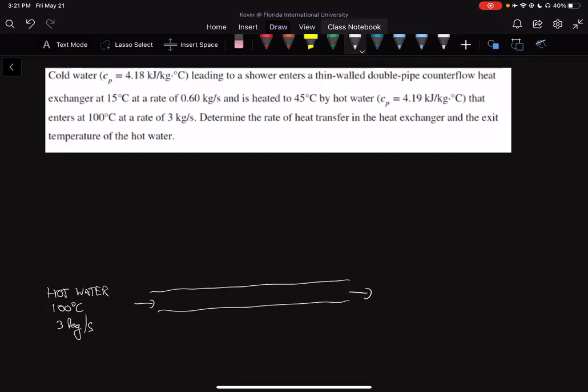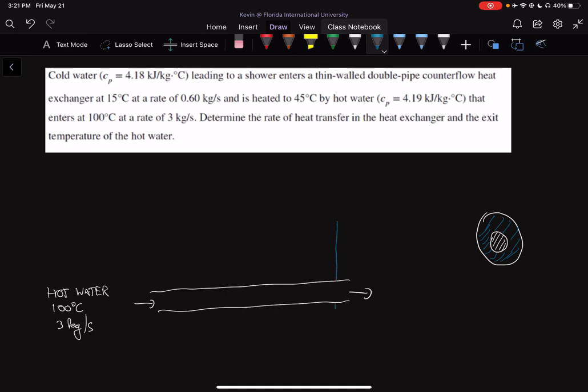Now, on the other side of the double pipe counterflow heat exchanger, we have another pipe that is sort of around it. So if we look at a side view, our hot water would be flowing through here, and then cold water would be flowing all around it. Okay, this is our cold water. So we're going to draw our cold water walls in blue.